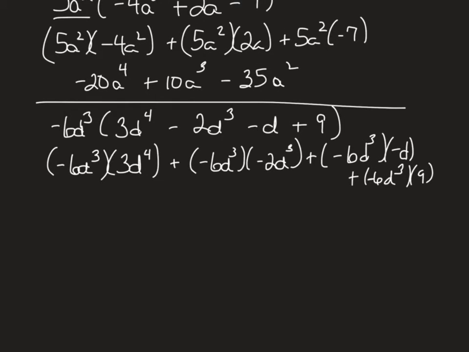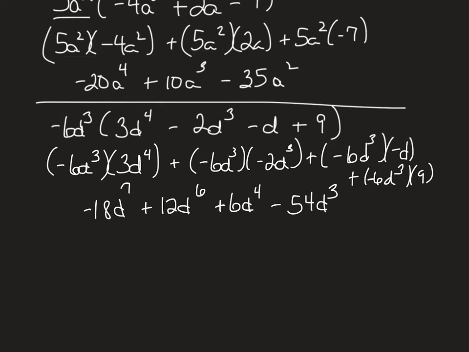And when we simplify, we get negative 18d to the 3 plus 4 is 7. Negative 6 times negative 2 is a positive 12d to the 6th. 3 plus 3 is 6. Negative 6 times negative 1, there's a 1 in front of that d, a negative 1, so we get plus 6d to the 4th, minus 6 times 9 is 54d cubed, and we have simplified that as much as we can.